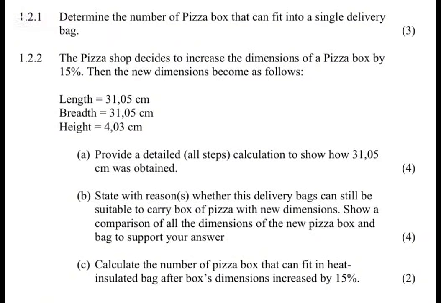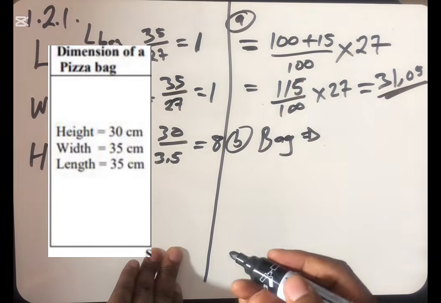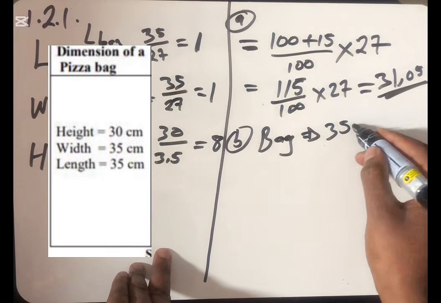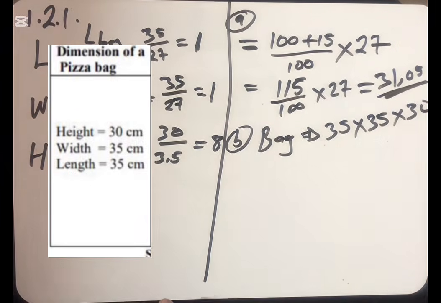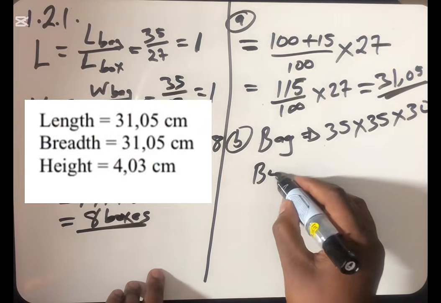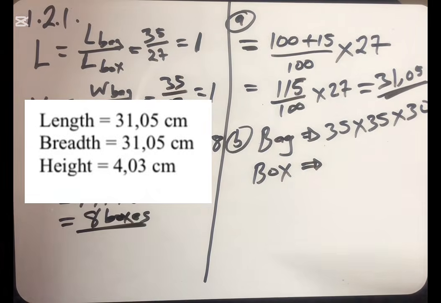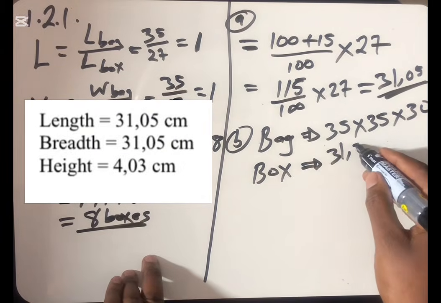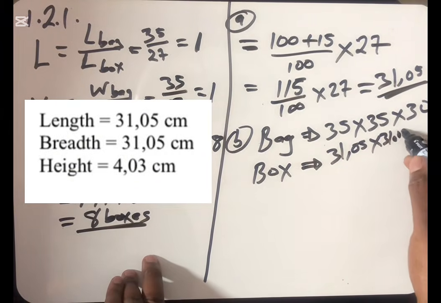Dimension of a bag is as follows: 35 multiplied by 35 multiplied by 30. Then the dimension of a new box is now given as 31,05 multiplied by 31,05 multiplied by 4,03.